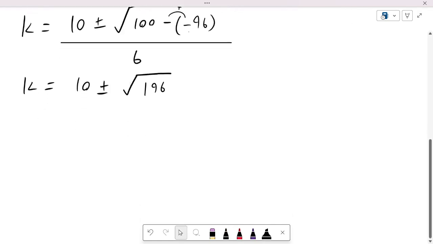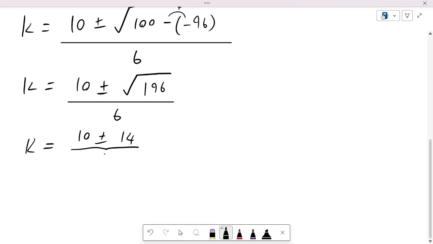Because the previous one, the square root of 169, is equal to 13, and then the square root of 196 is going to be 14. So we're going to have k is equal to 10 plus minus 14 all over 6.